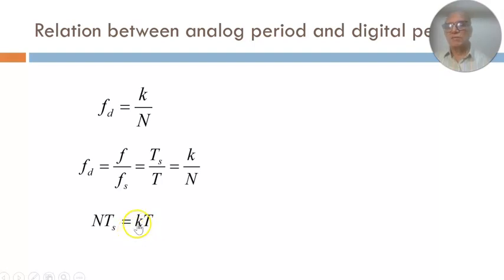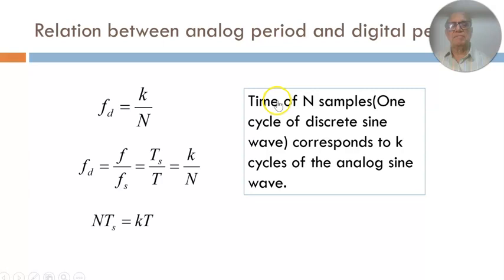So if T is multiplied by k, it means that during this time period, k cycles of the analog sine wave complete. So let me repeat that. The time of n samples, one cycle of the discrete sine wave, corresponds to k cycles of the analog sine wave.